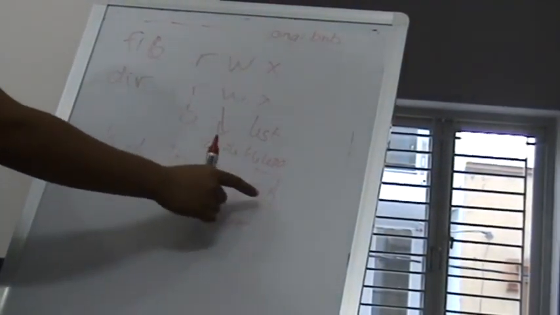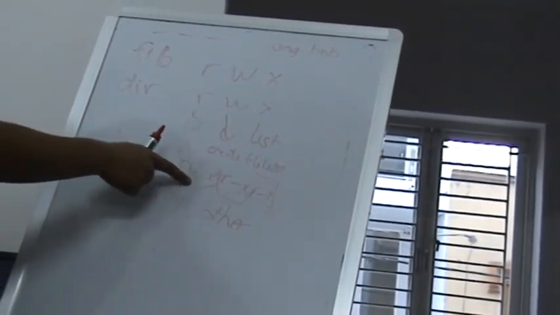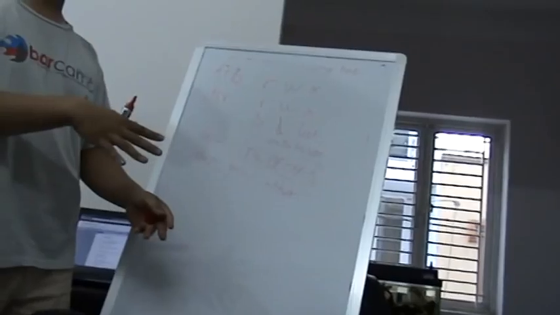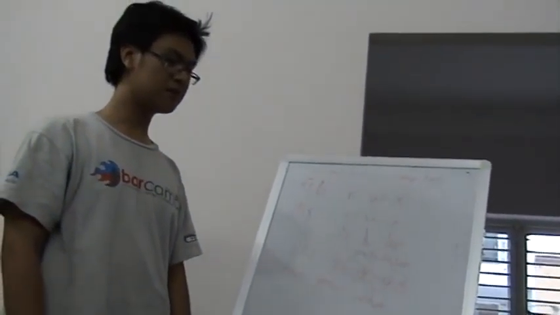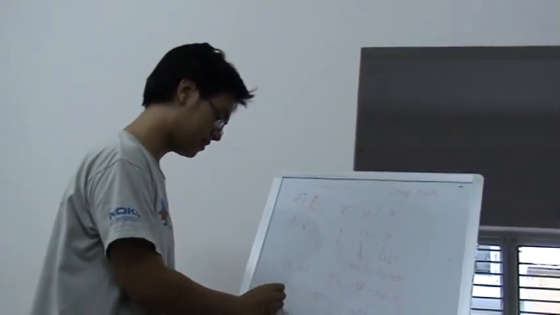And so this read, write, execute can be collapsed to a number. Normally you will see permission 777 or maybe 755.